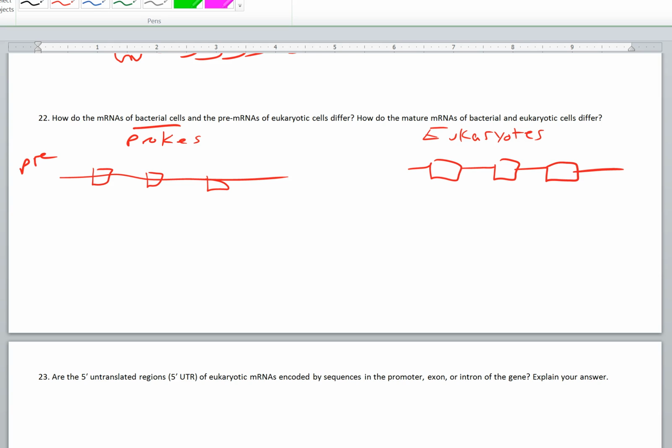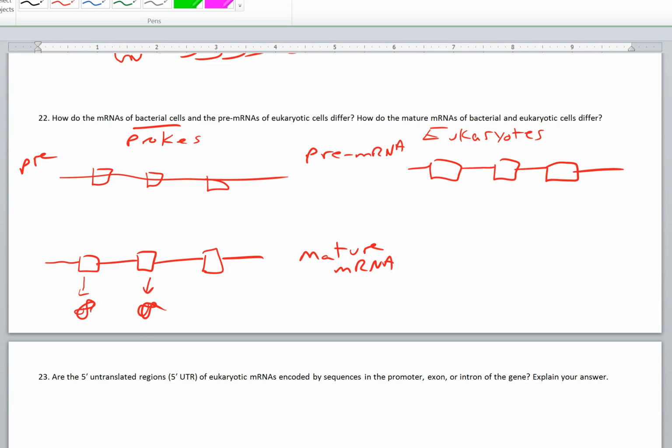They look kind of the same at this point. This is the pre-mRNA, so they're just RNA. And then the mature mRNA, the bacterial one looks the same. The bacterial one doesn't change. There's no processing after transcription, so it just stays the same. Each of these codes for its own protein, gets translated and makes its own protein.